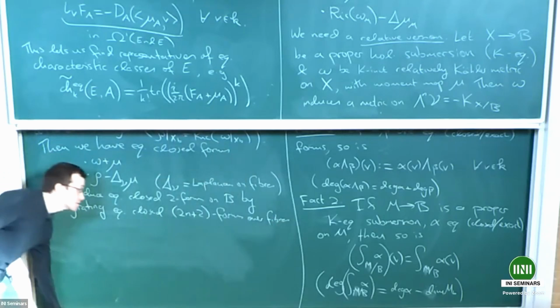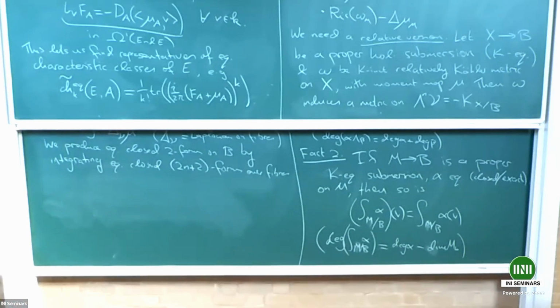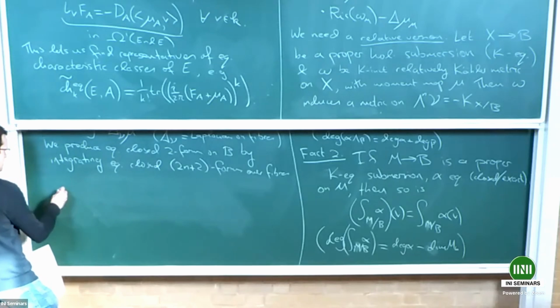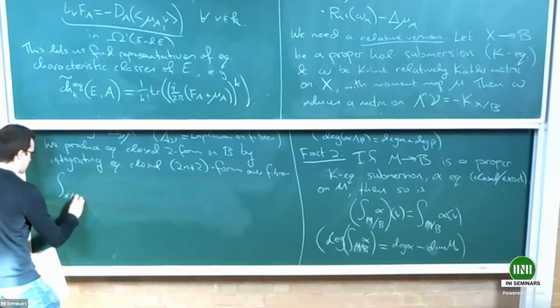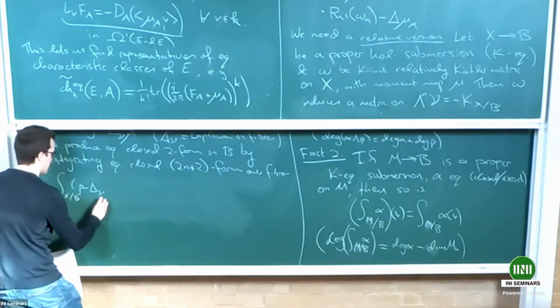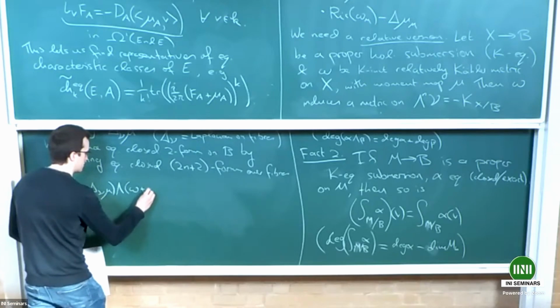So I just need to choose some 2n plus 2 forms, integrate them, and I get equivariantly closed 2 forms on the base. So the first one I'll pick is the following. I'll integrate over X over B rho minus vertical Laplacian of mu, wedge omega plus mu to the n.